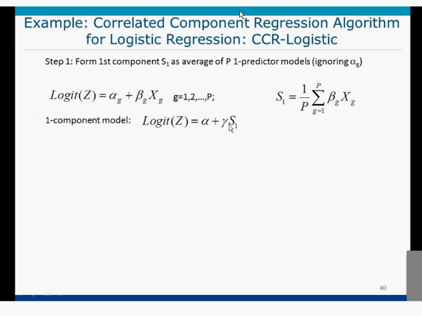Then to get the logistic regression or linear discriminant analysis associated with a one-component model, you just estimate alpha and the regression coefficient by using S1 as the predictor.